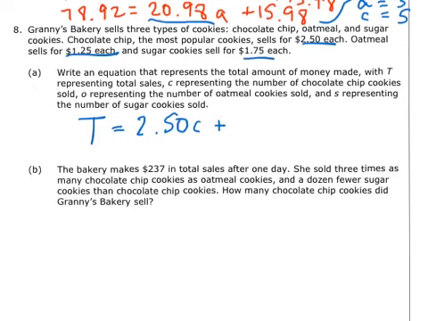O represents the number of oatmeal cookies, so 125 O, plus 175 S for the sugar cookies. Be very careful when you're writing with O's and S's so that they don't look like numbers. And that's your answer for part A.